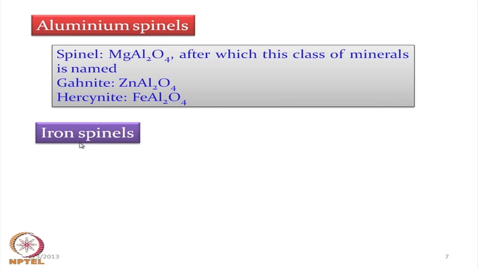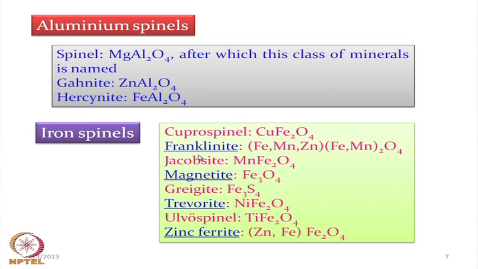In the iron spinels, the network is formed from the arrangement of iron and oxygen, like the arrangement we get for aluminum. We do not get this arrangement for silicon because we need the trivalent state, but silicon gives the bivalent state. So, for the trivalent state we can use iron.